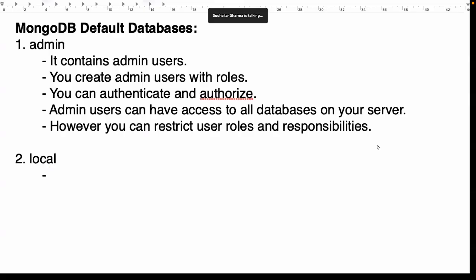Generally our data can be replicated across servers. But if you want any data to be only on this server, not duplicated to another server, we have to keep that inside local.